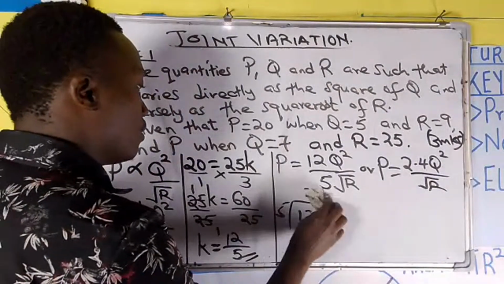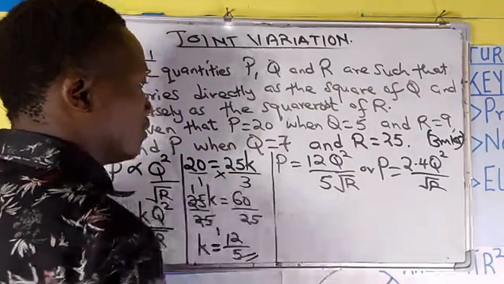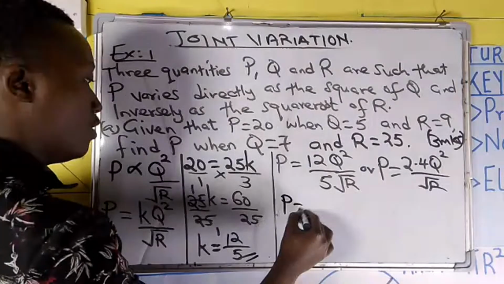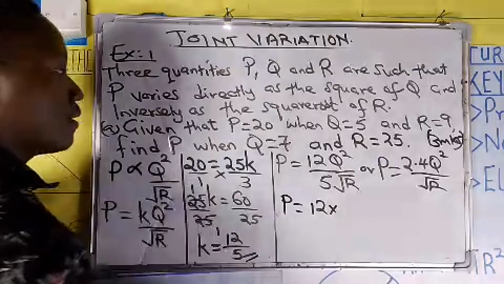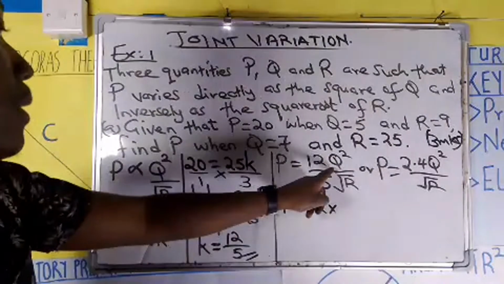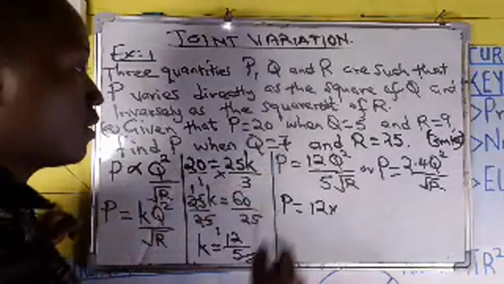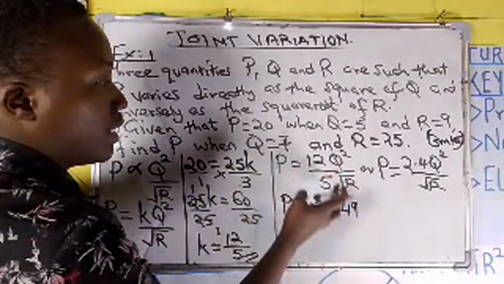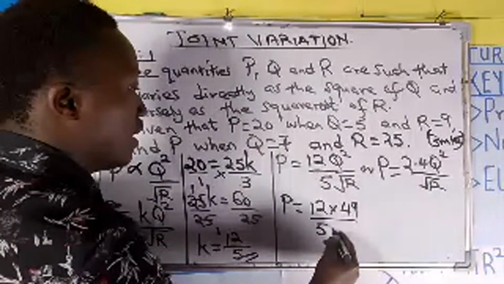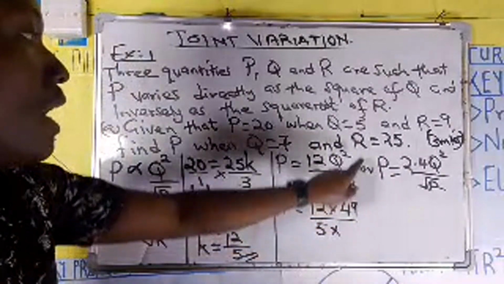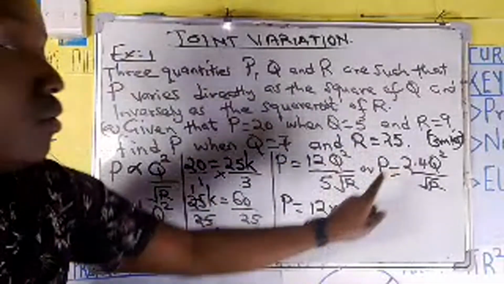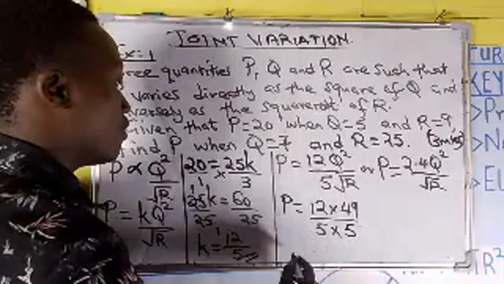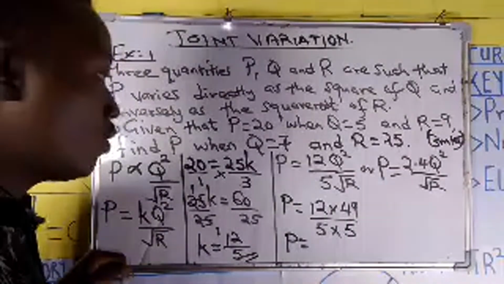Now our P is going to be 12 times Q squared, when Q is 7. So 7 squared is 49. So 12 times 49 over 5 times the square root of R. R is 25, so the square root of 25 is 5.